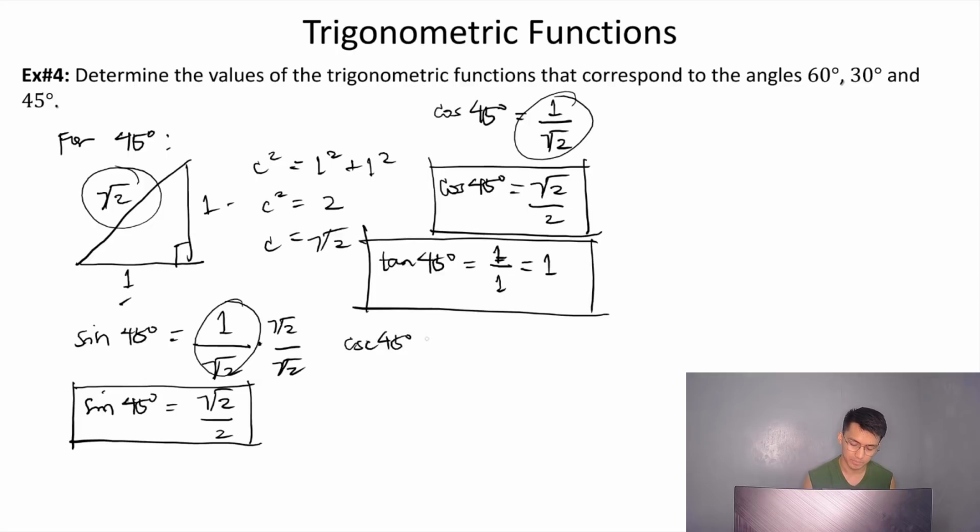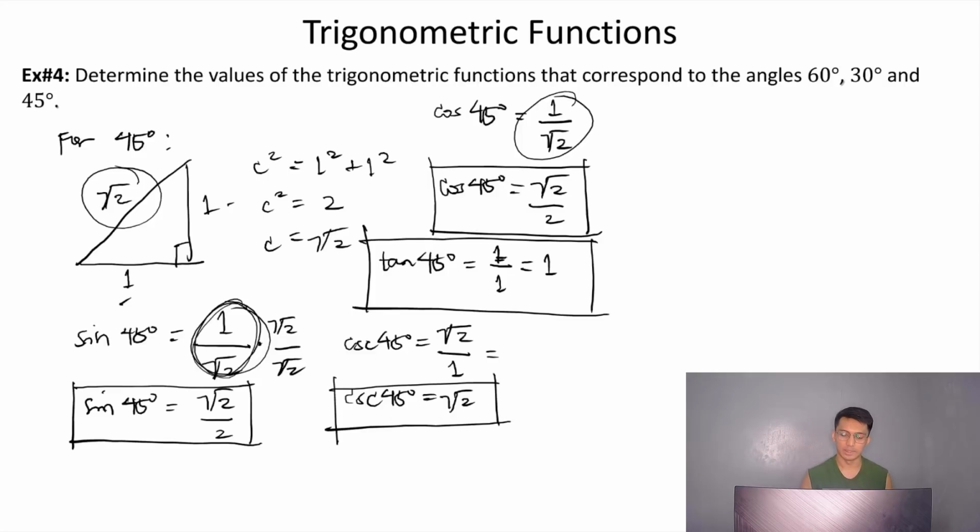Cosecant, the reverse function of sine 45. So, isulat na lang natin. Ito na lang agad ang ilagay natin. We have square root of 2 over 1. Or simply, cosecant 45 degrees is simply square root of 2 na lang. Ayan. Next, for secant.